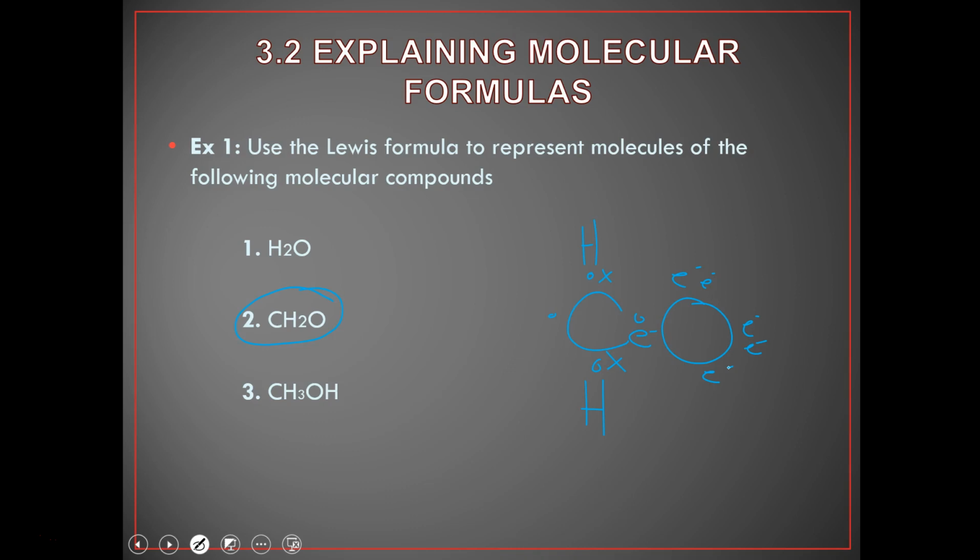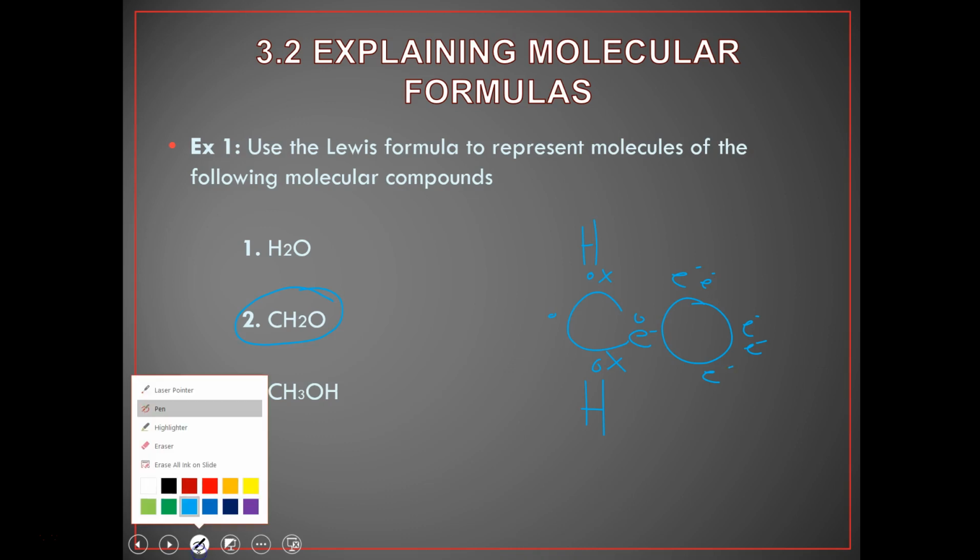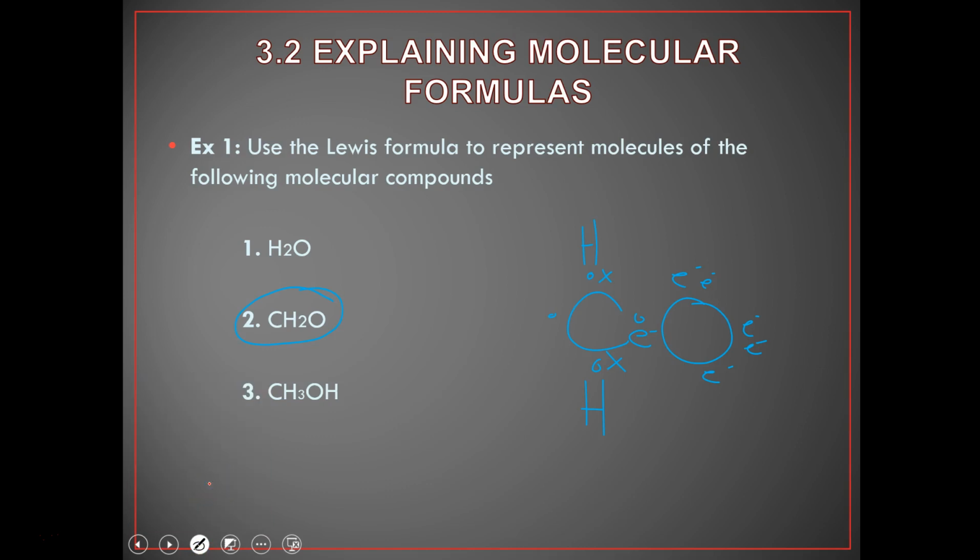So what the problem is here is, if I look at this, my octet rules aren't satisfied, right? Carbon only has access to 7, and so does this oxygen. The hydrogens are fine, but the carbon and oxygen are having a problem. Because both carbon and oxygen have these single valence electrons, they would come together in a bond in the middle.